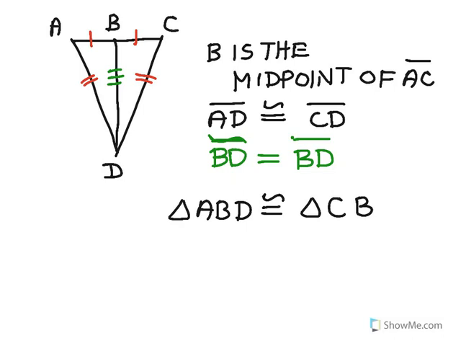And then I go down to D in both triangles. So I can say that ABD is congruent to CBD by the side-side-side postulate.